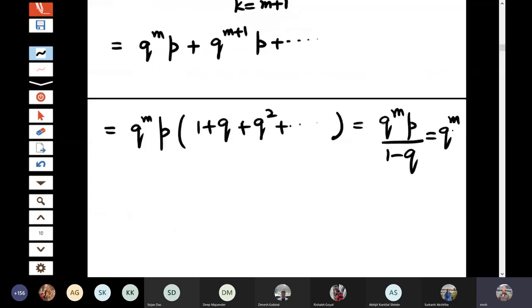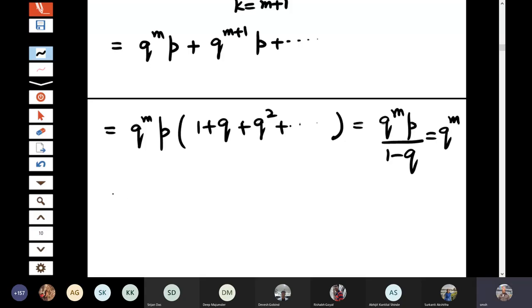If the probability of success is p, then the probability that the first success has not been achieved till the mth trial is q to the power m. That means you can also say the number of trials for waiting is at least m plus 1, that means till m you have not achieved. The probability is (1 minus p) to the power m.